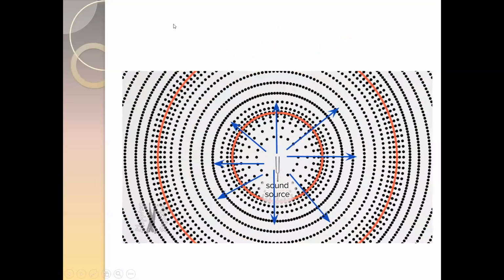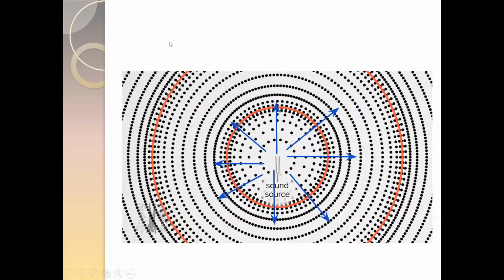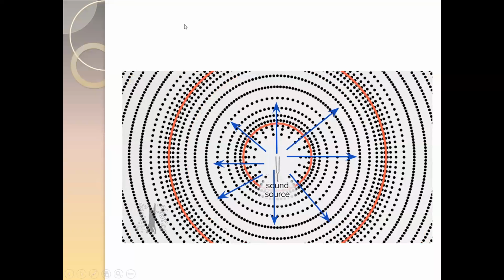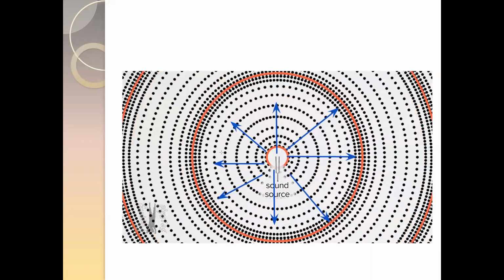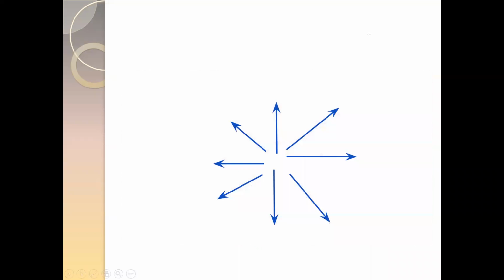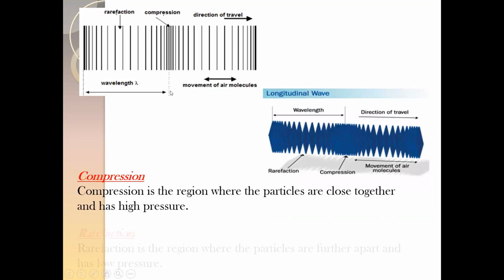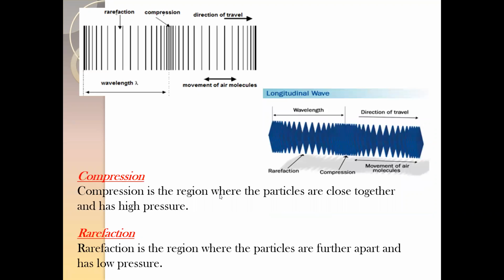That's why this is known as a longitudinal wave, because if it were a transverse wave, then the particles would move perpendicular, or at 90 degrees, to the direction of energy transfer. So the regions of high pressure are compressions and the regions of low pressure are rarefactions. Is the concept of the two types of waves, longitudinal and transverse, clear?